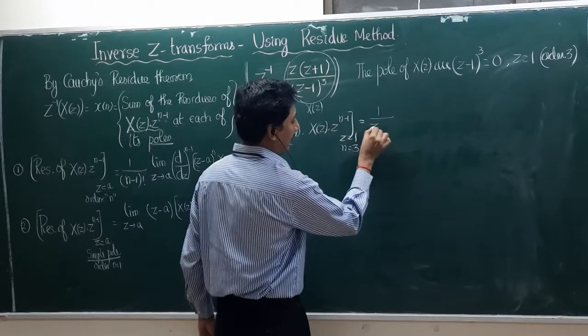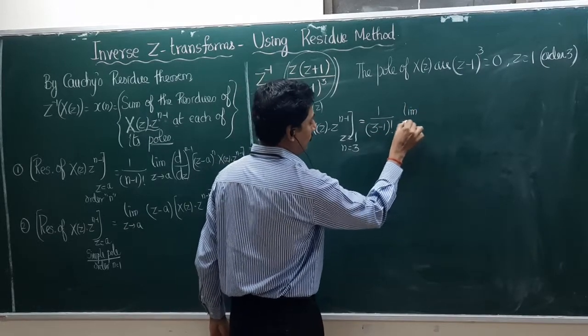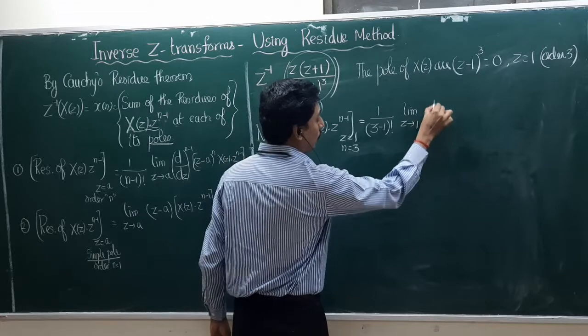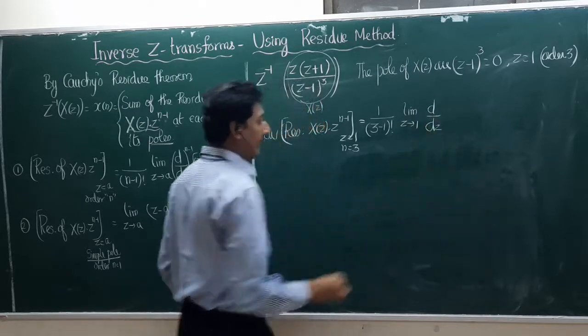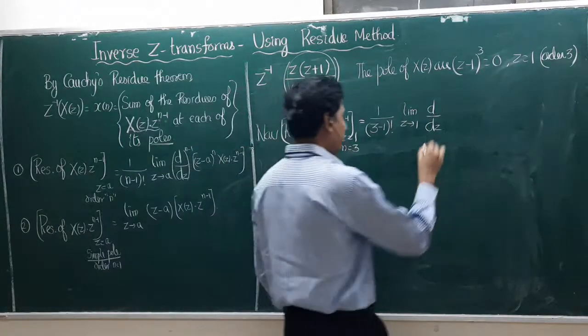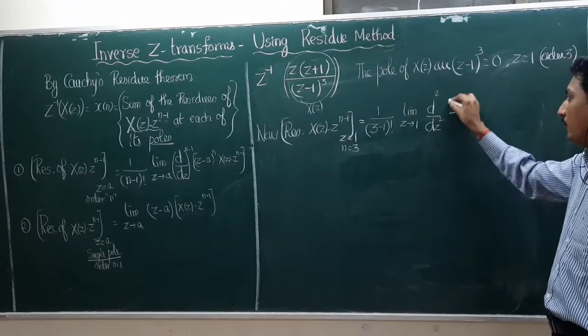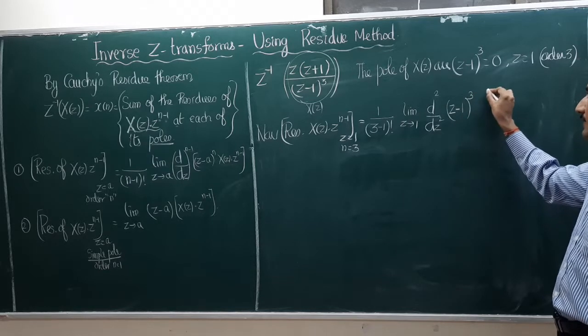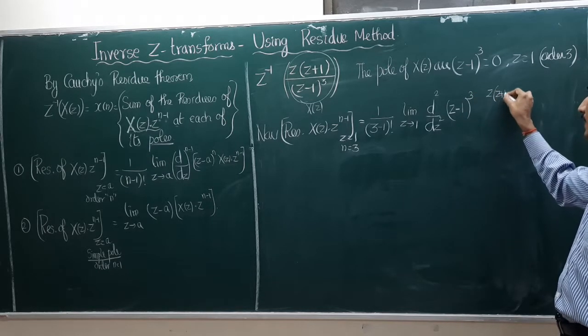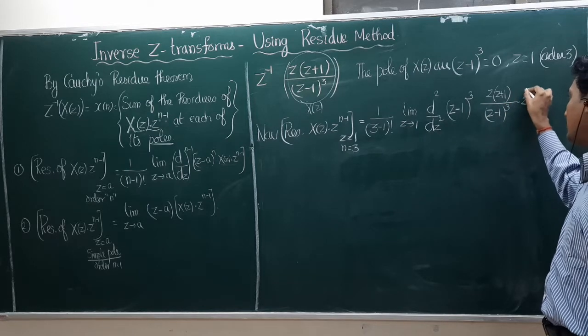So substitute n equal to 3, we get 3 minus 1 factorial, limit z tends to 1, and 2 times differentiation, because n means n minus 1 times differentiation. Here n equal to 3. So this 2 times differentiation, d squared by dz squared of z minus 1 whole power 3 and X of z, z into z plus 1 by z minus 1 whole power 3, into z power n minus 1.